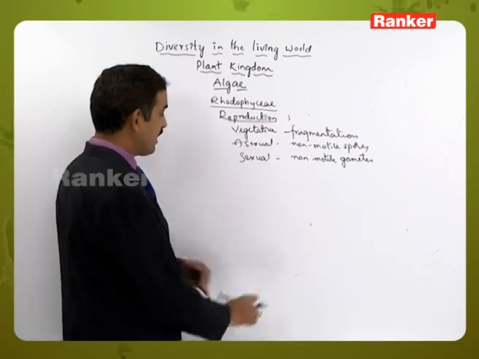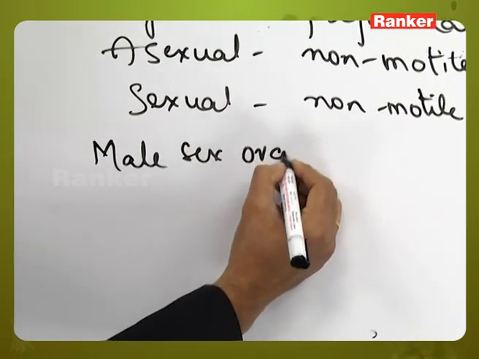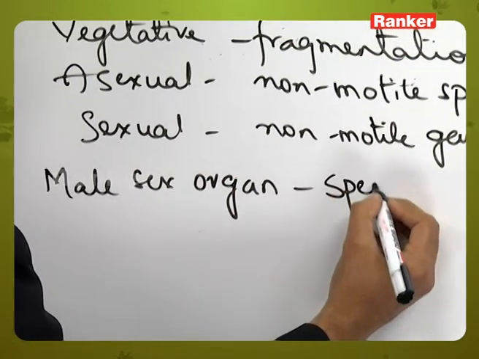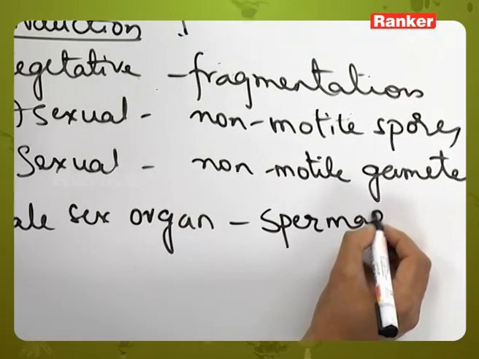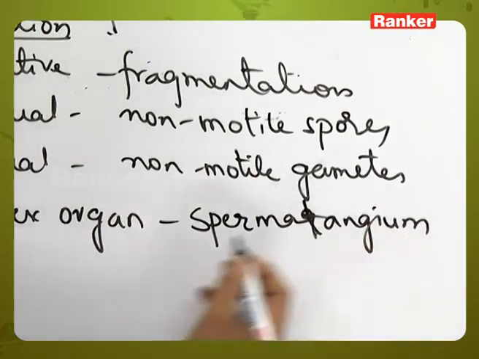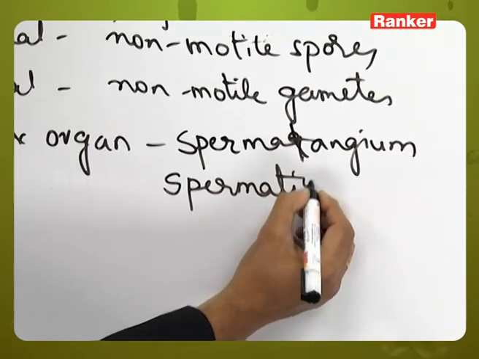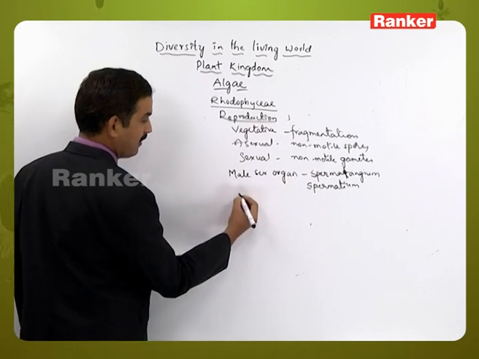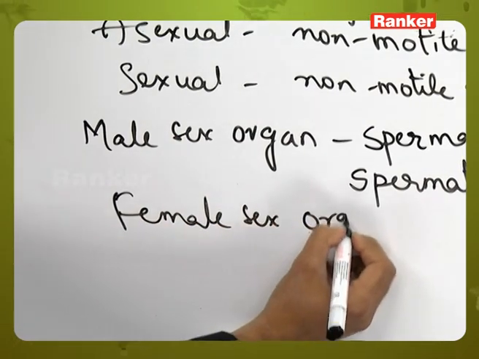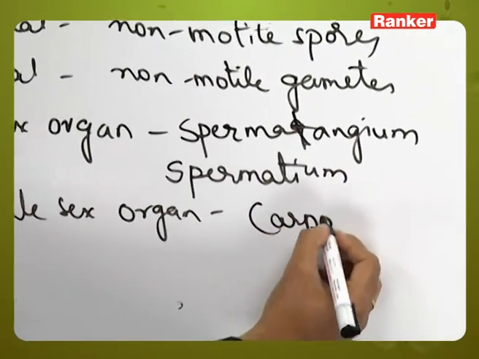And here they produce a male sex organ. The male sex organ is called spermatangium, and this spermatangium will produce spermatium. The female sex organ is called carpogonium.